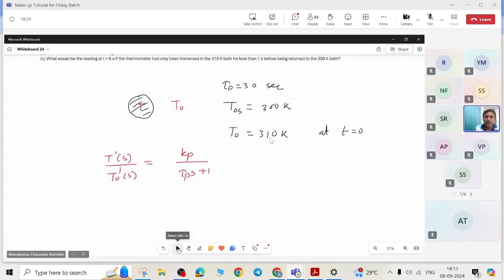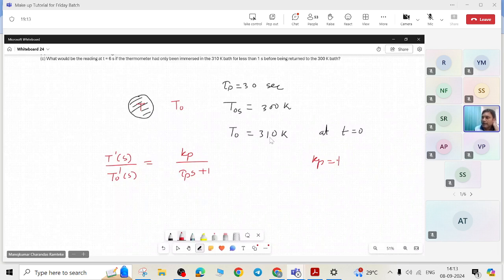So now this is the first order process with transfer function given as Kp divided by tau p s plus 1. And if you remember, for the thermometer case we have derived this, isn't it? Kp is given as 1, correct?